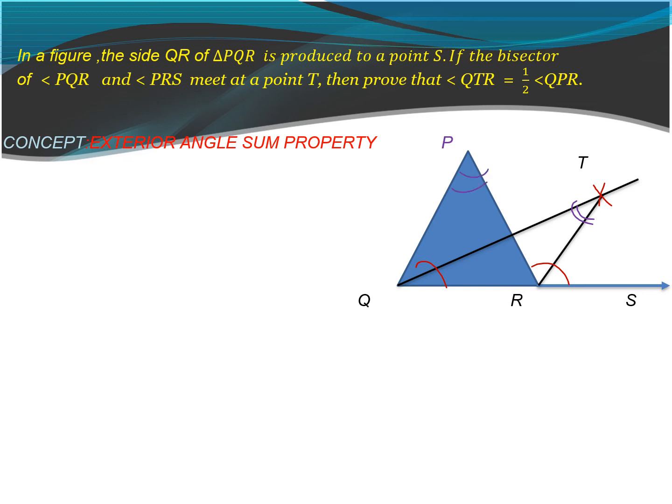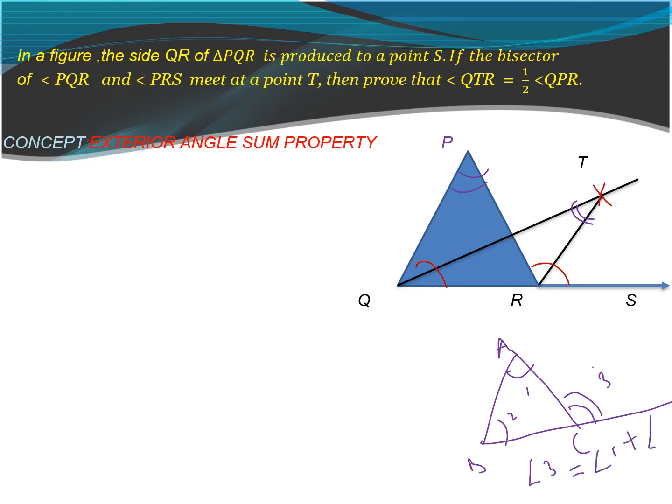Here we use the concept of the exterior angle property. An exterior angle is always equal to the sum of the interior opposite angles. Suppose in a triangle ABC, the exterior angle is equal to the sum of the interior opposite angles. That means angle 3, if we mark it by 3, is always equal to angle 1 plus angle 2.